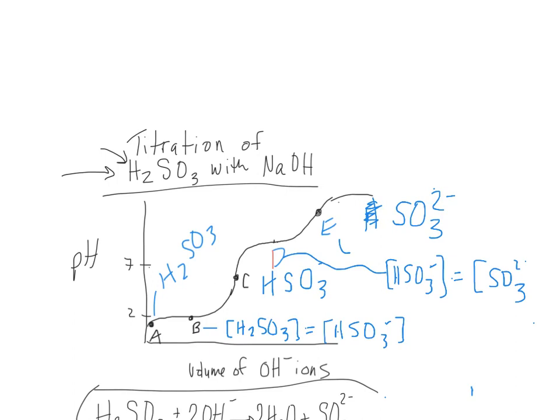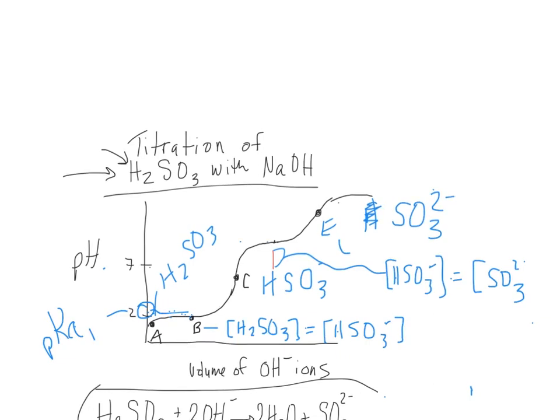And one more point I would like to make is because H2SO3 has in fact 2 protons, if we scoot over and we take whatever point B is and we go over to the y-axis, this point over here is the pKa of the first proton coming off, and D, if we extend this line all the way over, this point here is the pKa of the second proton coming off.